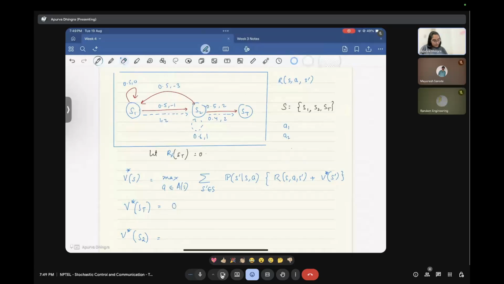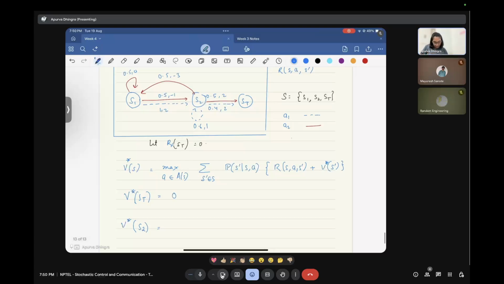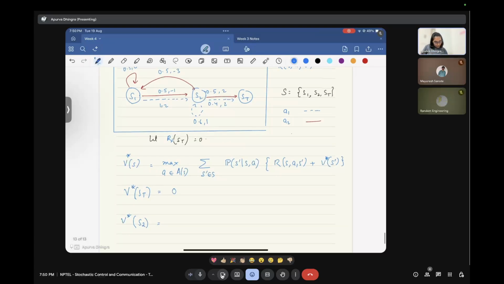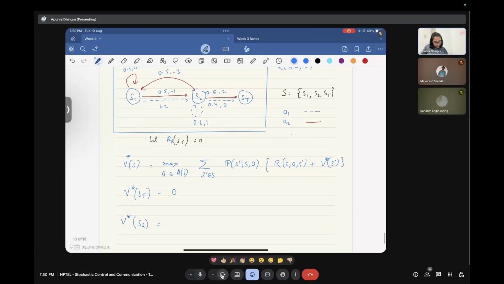A1 is the dotted action and A2 is the action in red. So V star for S2 has both the actions possible.